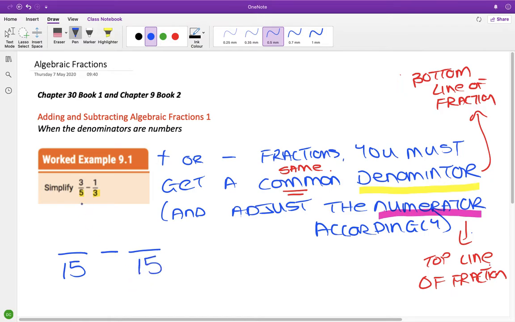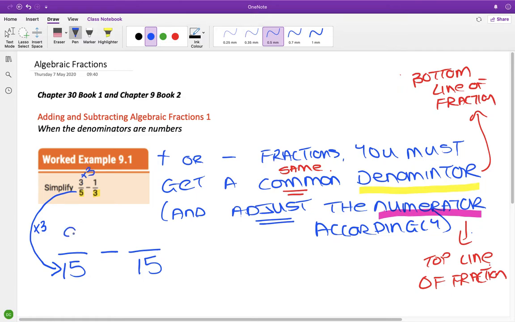So I'm changing the denominator of the first fraction from a 5 to a 15. To go from there to there, I'm multiplying by 3. Agreed? So if you multiply the bottom line by 3, you must make the same adjustment to the top line, which means multiplying it by 3.